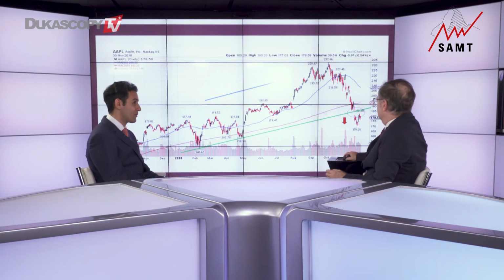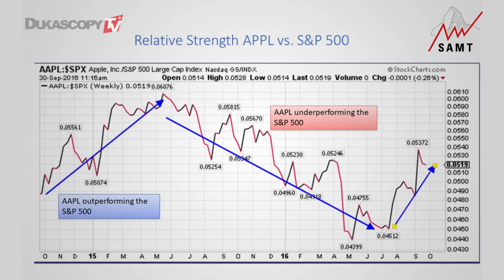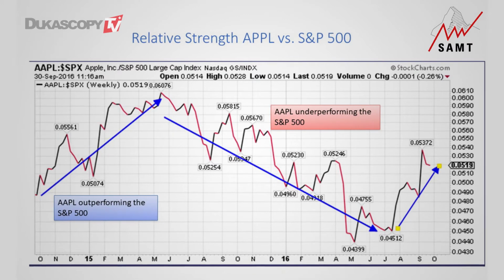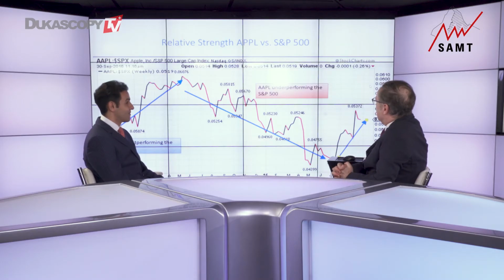Now, I know relative performance is also a key part of your process, and of course the portfolio manager is looking to increase alpha and beat the benchmark. How would you feed relative performance to this move on Apple? In technical analysis, we can apply the relative strength of a stock compared to the benchmark. In this case, most portfolio managers use the S&P 500 index as a benchmark to generate alpha.